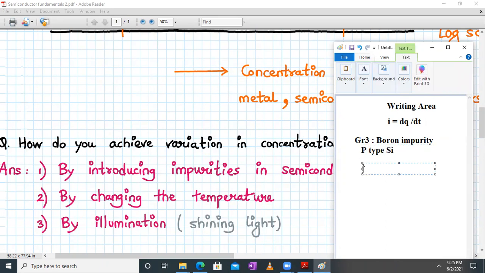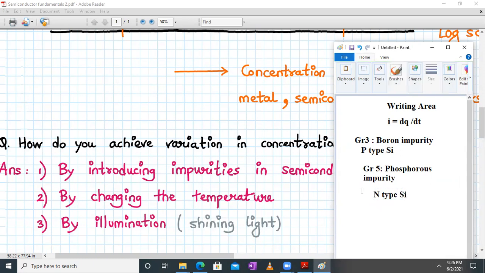Okay, and group 5 periodic table element, which is phosphorus. So we have n-type silicon material, which is doped with group 5 element, that is phosphorus impurity, we call it n-type silicon material.